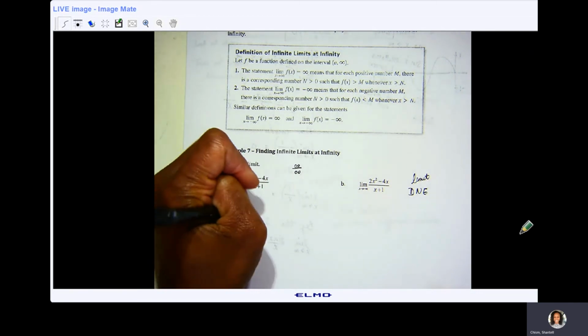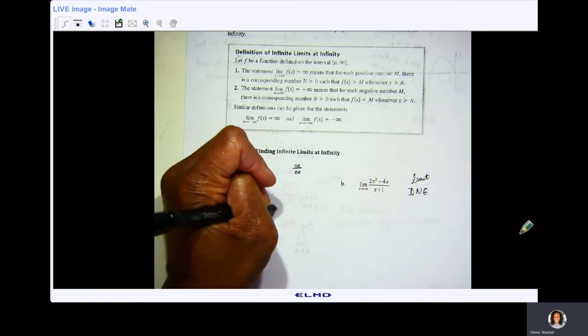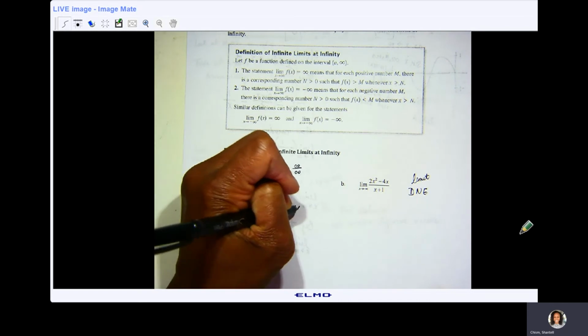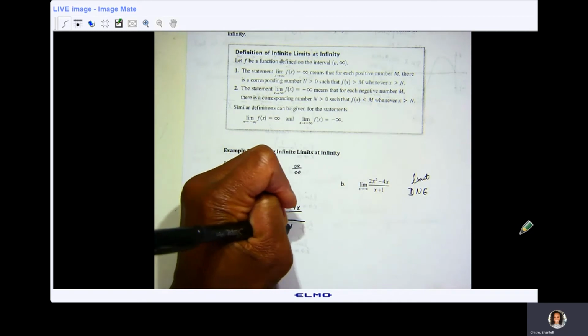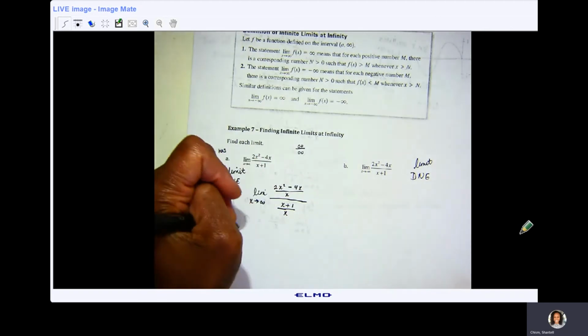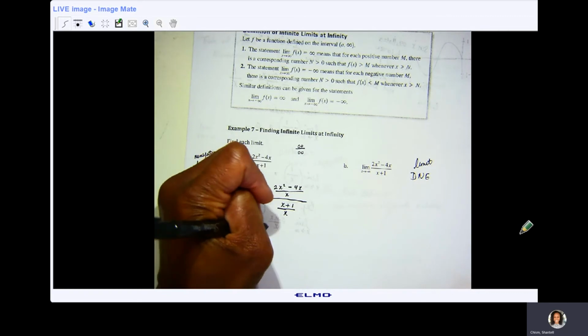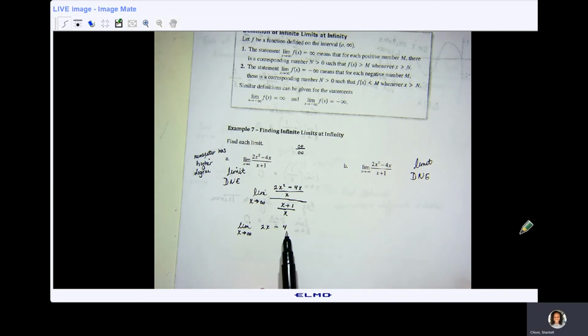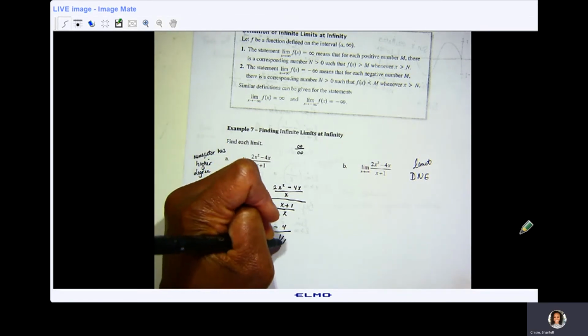So if you divide out by the x and write it in an equivalent form, 2x squared minus 4x over x, and x plus 1 over x. So this becomes the limit as x approaches infinity of 2x minus 4 over 1 plus 1 over x.